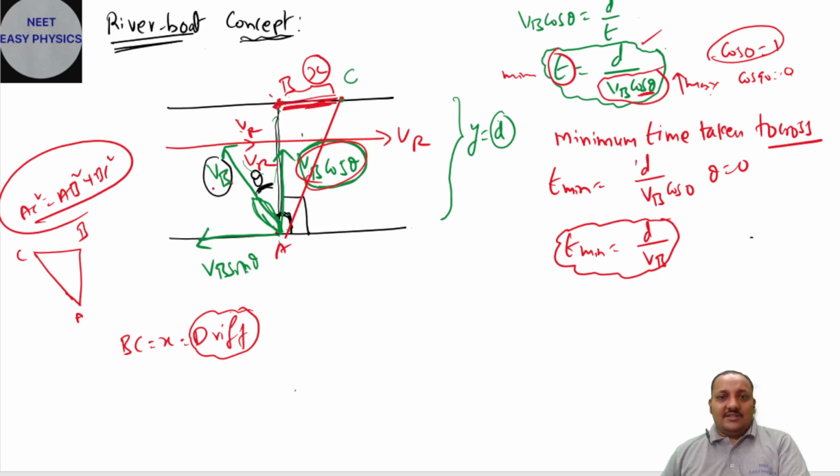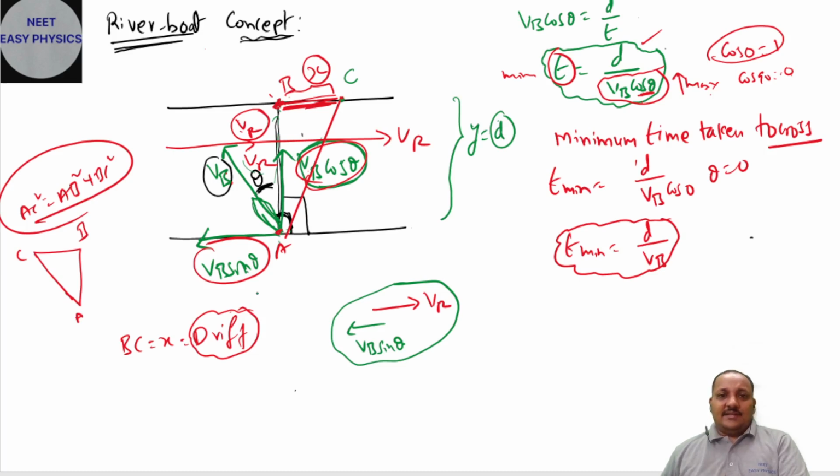For the horizontal distance, we take the velocity in the horizontal direction. In the horizontal direction, we have two velocities: one is the river velocity, another is the component VB sin theta. Now, what is the effective velocity along the horizontal direction? Will you do VB sin theta minus VR, or VR minus VB sin theta?